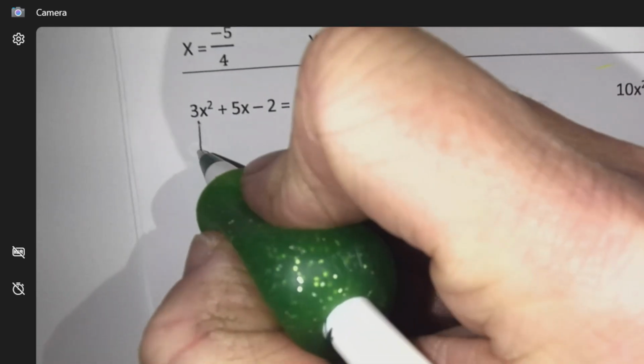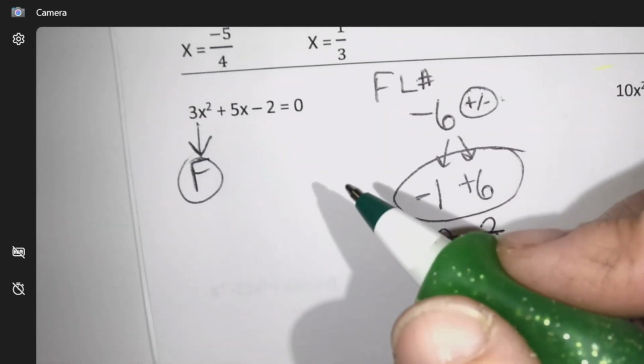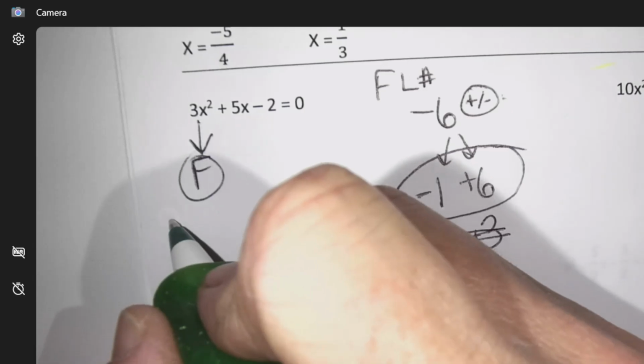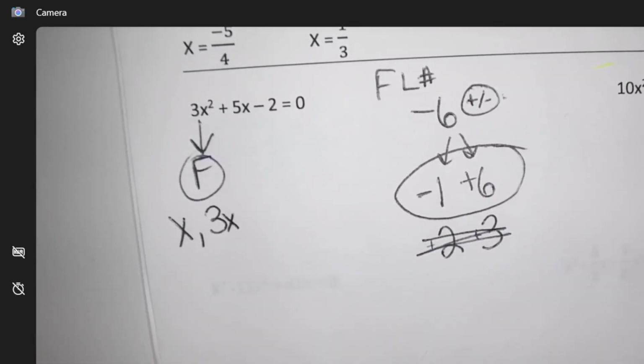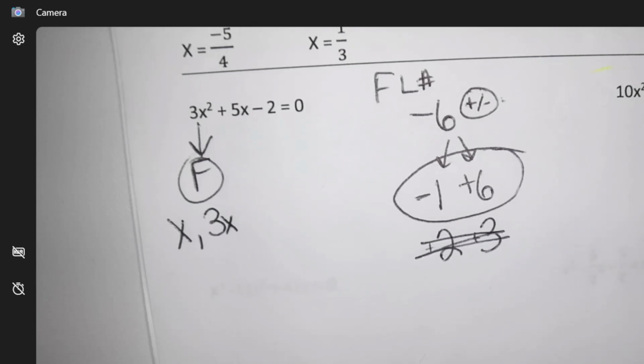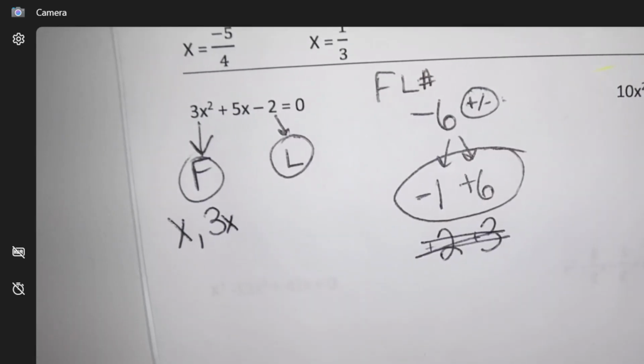Okay, now what are we going to do? We're going to talk about how can we get this F. There's only one option. How do you make 3x squared? 1x times 3x. That's the only thing. How do you make L?